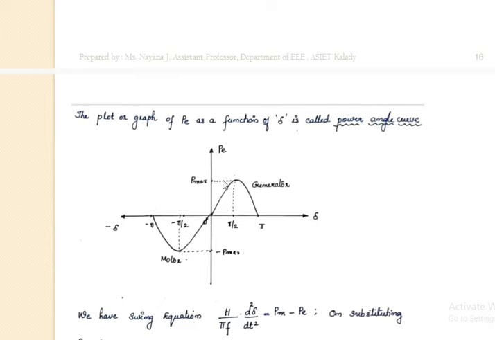Okay, this is the power angle equation, and with reference to it, now let's see the power angle curve. This is the electrical power PE, and this is the angle delta. We can say that PE is equal to a constant into sine delta, so PE is a function of sine, and its curve will be like this.